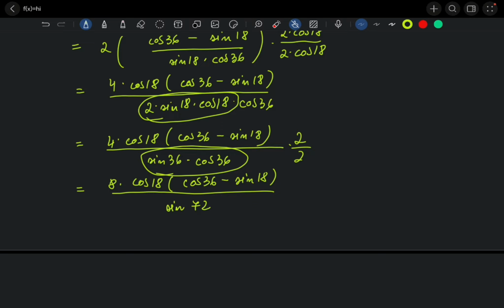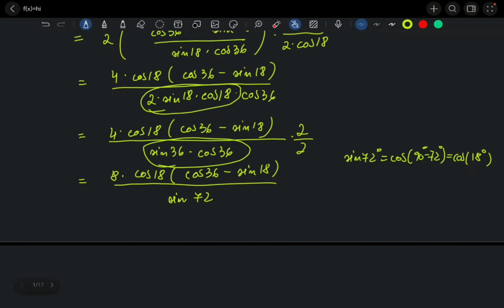Now, where from here? Well, I told you in the beginning that we are going to use the trig properties a lot. So sine of 72 degrees is equal to cosine of 90 minus 72 degrees, which is equal to cosine of 18 degrees, if you believe it.